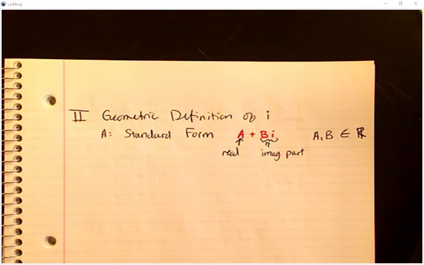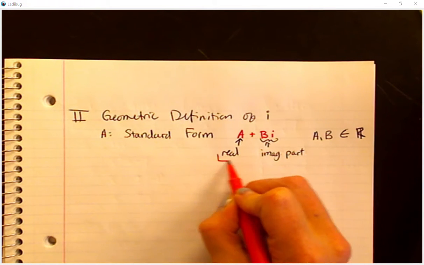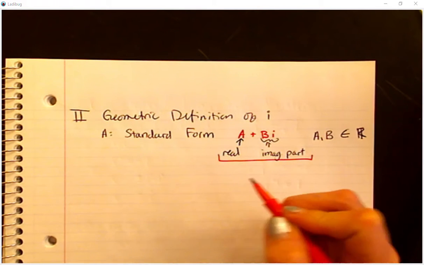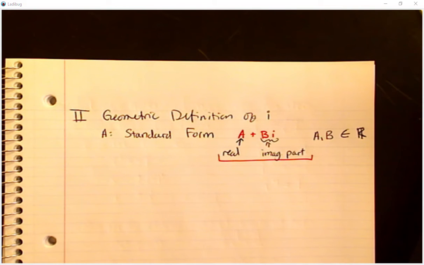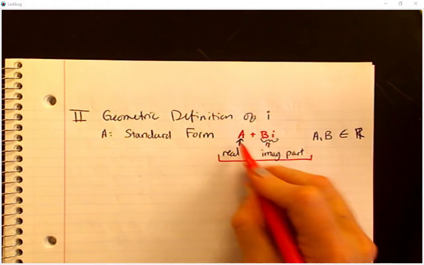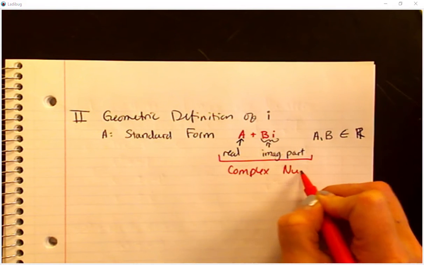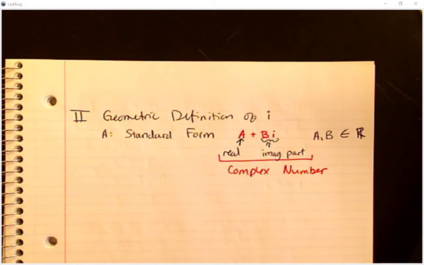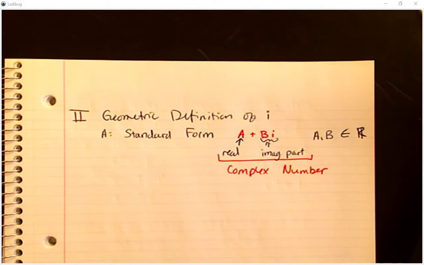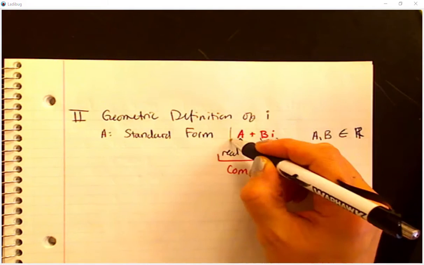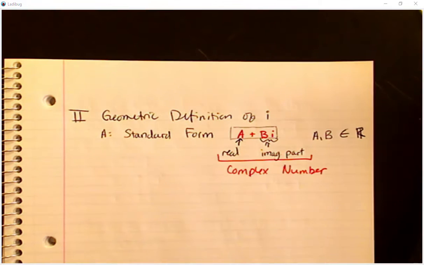Now this together is called a complex number, or imaginary number. Usually when we get the two pieces together, we call this a complex number, which sometimes people interchange with imaginary because complex numbers have an i. This is the format that you should be writing your answers in: the real number plus the imaginary part.